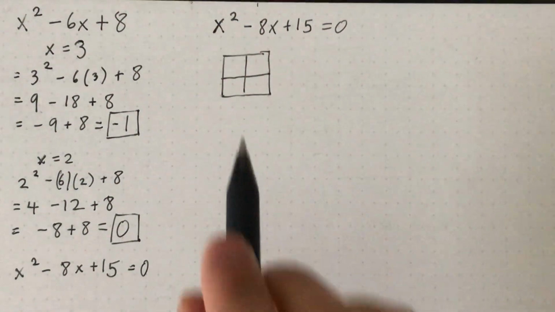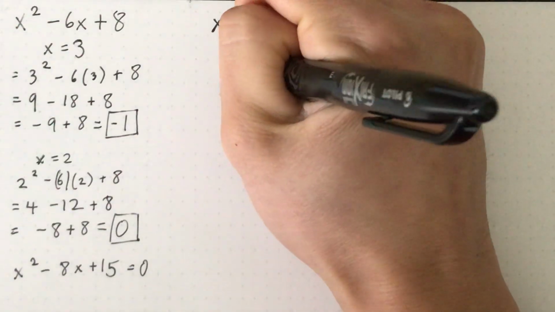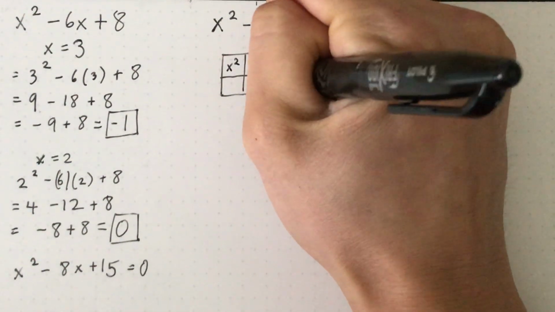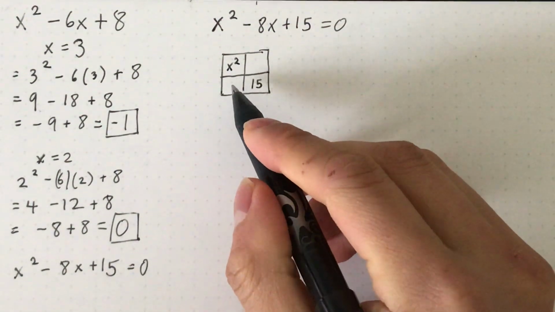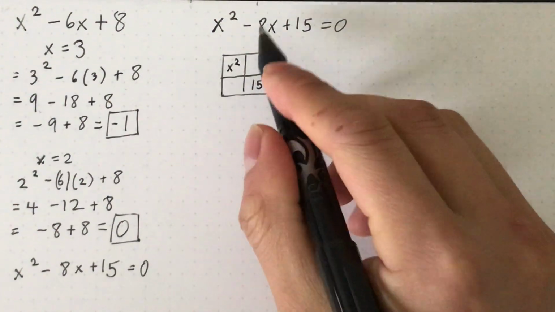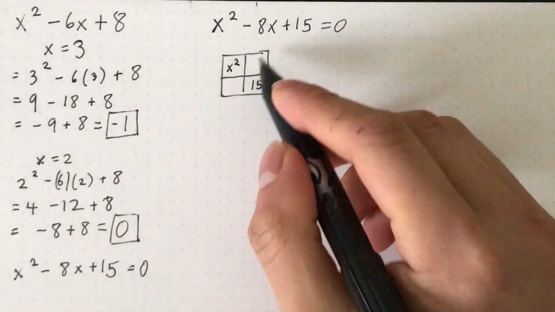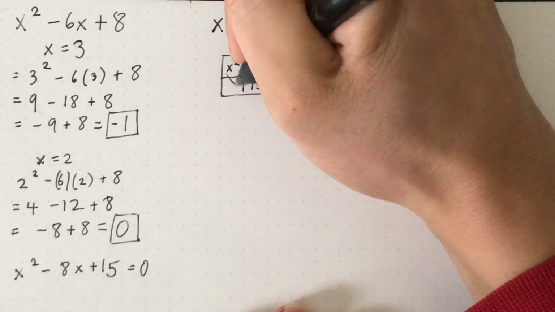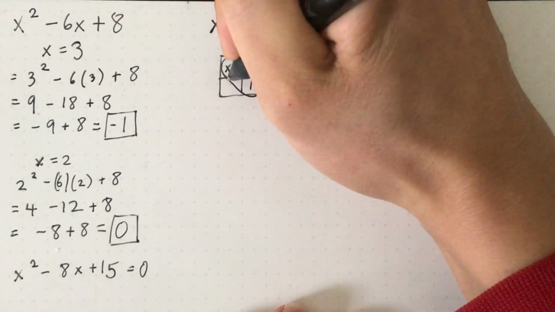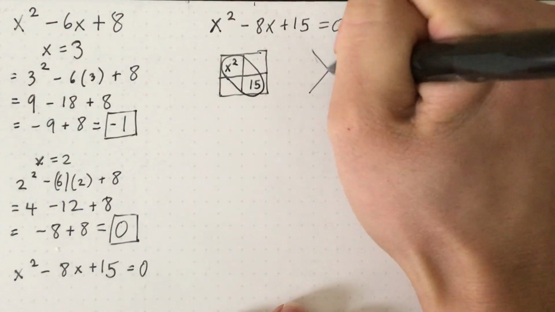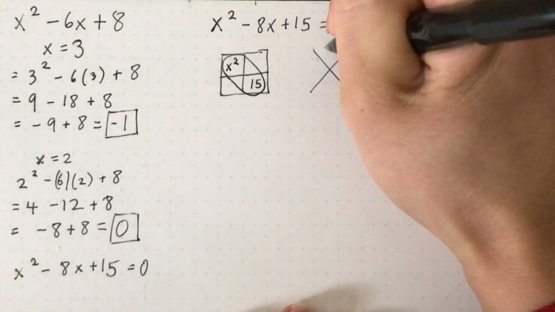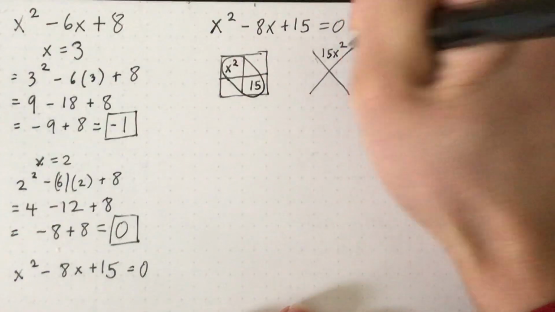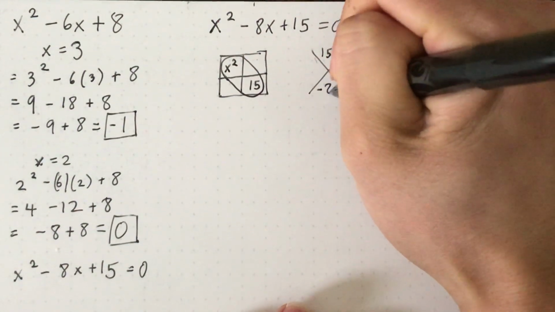From this we know x squared goes here, 15 goes here, and these two will have to add up to negative 8x. So first, let's multiply x squared and 15 together, and create the x. Here, 15x squared on top, and then negative 8x on the bottom.